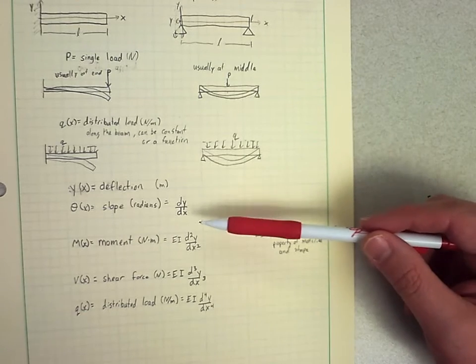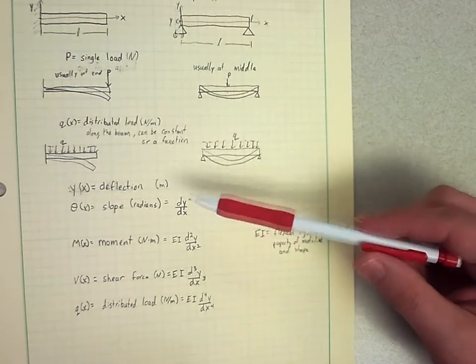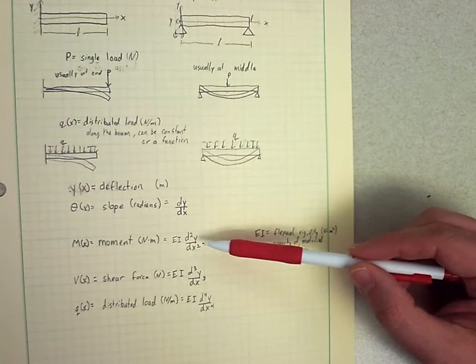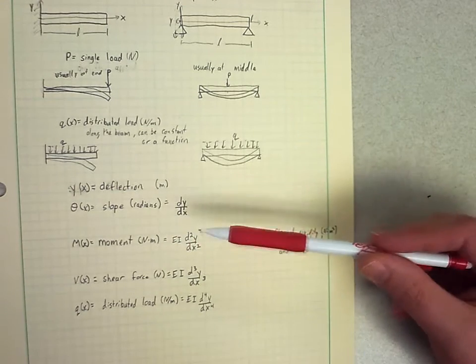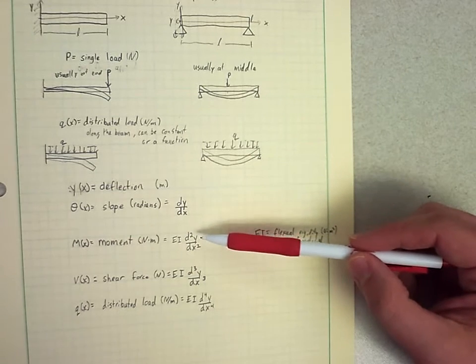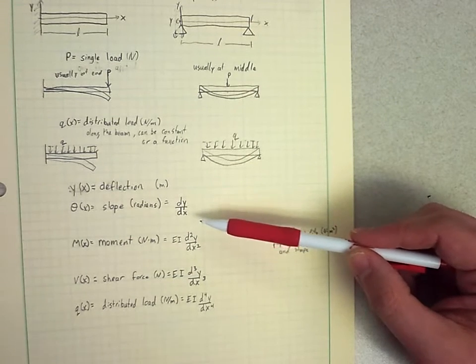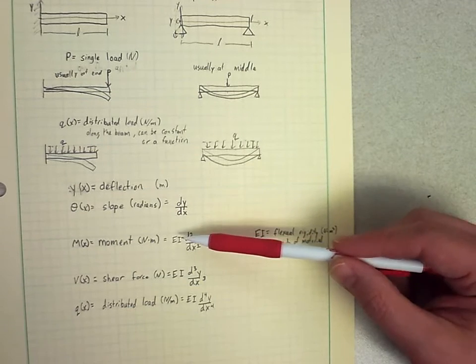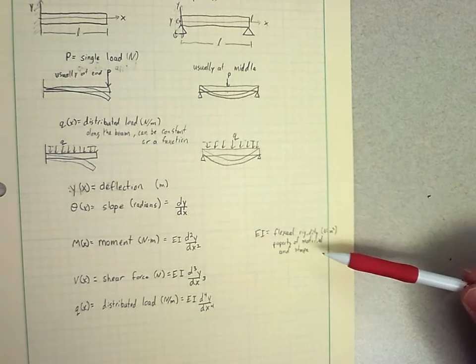If we keep going, there's something we deal with in the forces with these beams, and it's called the moment. The moment is found by taking the second derivative of our deflection and multiplying it by this flexural rigidity property.